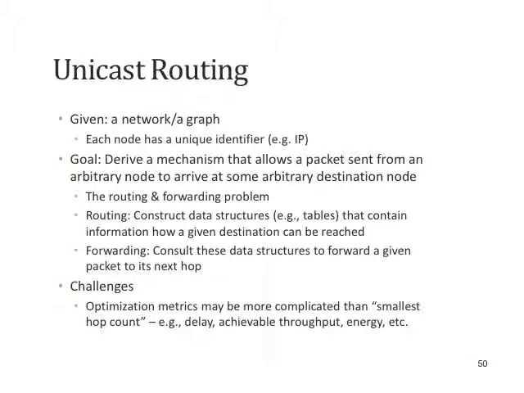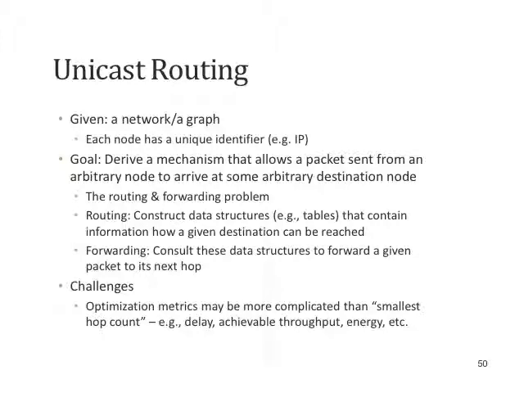So at the beginning, what is the definition of the routing problem? The definition is that you are given a network which can be represented using a graph. This is the easiest way to model a network; you convert it to a graph, okay?